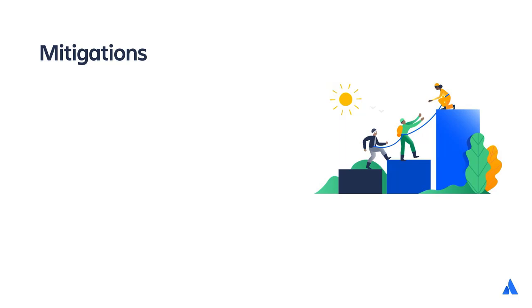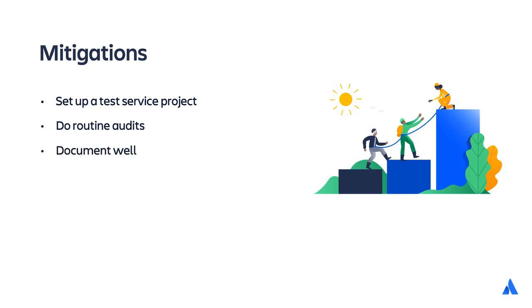There are always approaches to mitigate problems. Set up a test project and use it to test out new changes. You can also schedule routine audits of the various configuration elements and document everything well. Of course, keep configurations as simple as possible and plan your configurations for the long term rather than the short term.